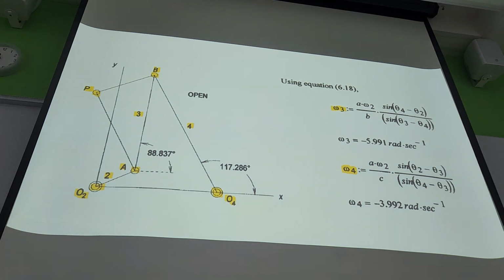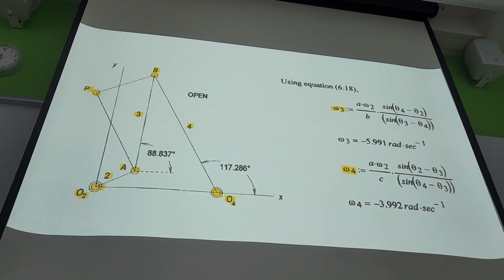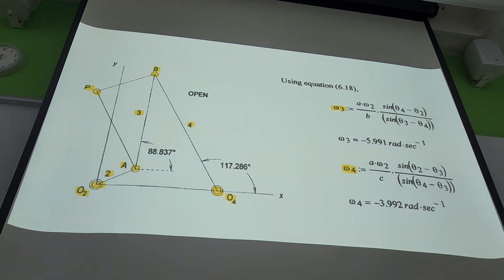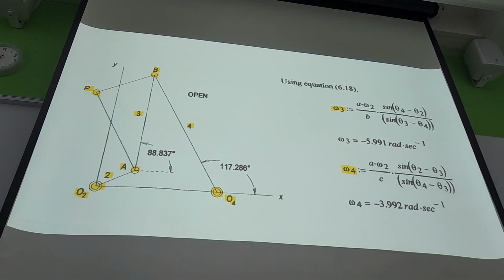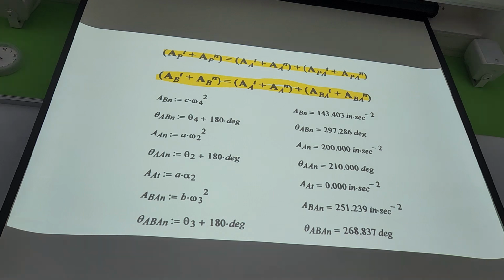The negative sign only indicates that it is clockwise. Similarly, omega 4, you've done velocity analysis, the value is negative 3.992. So you know this additional information from velocity analysis.